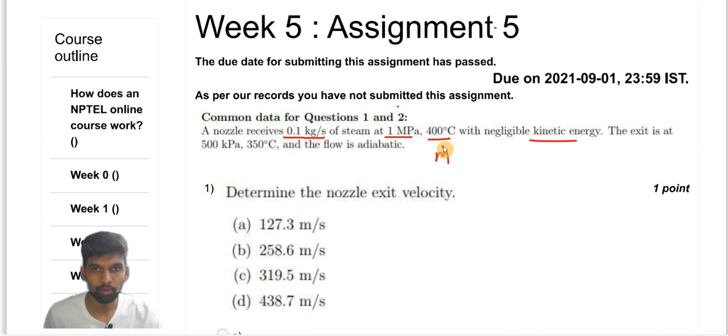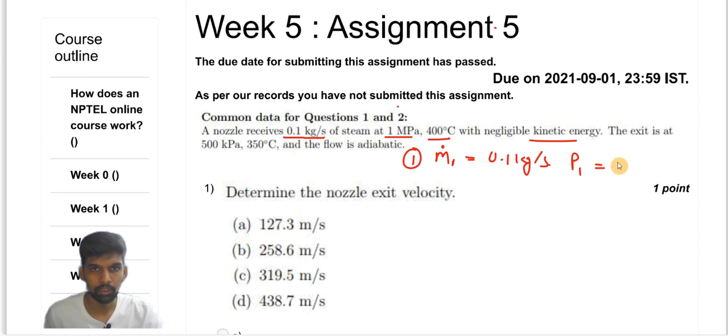So mass flow rate they have given as m dot in is equal to 0.1 kg per second. Let's call the inlet state as 1. So mass which is coming in we will denote by m dot 1, that is mass flow rate.